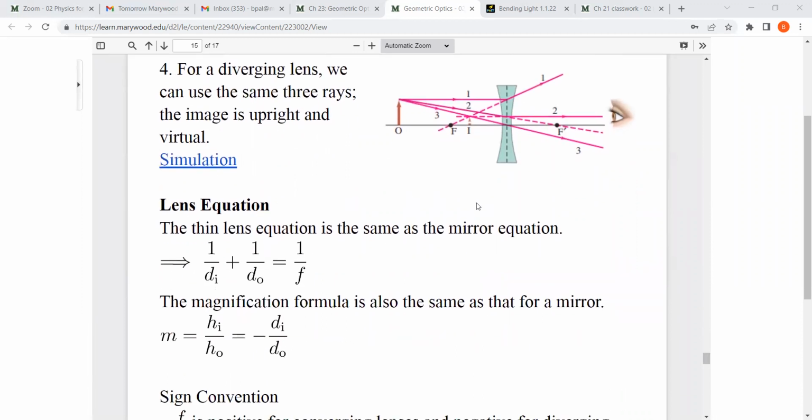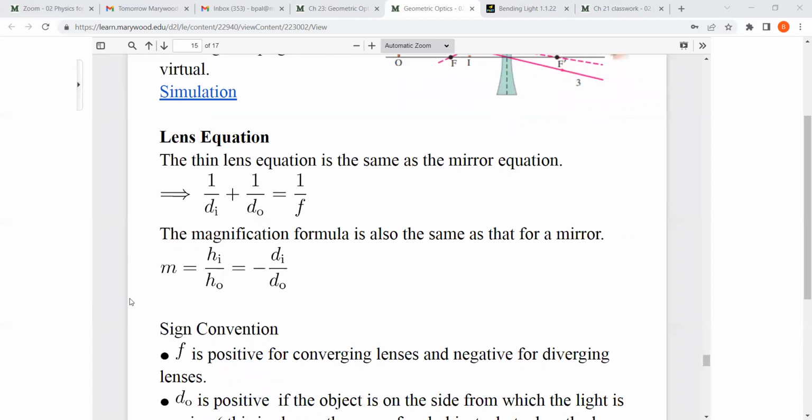Okay, so similar to them, now let's talk about the equation. The good thing is the lens equation and mirror equation are exactly the same. So here 1 over di is the image distance, 1 over do is the object distance, and 1 over f is the focal length. Okay, and also the magnification is very similar or the same actually.